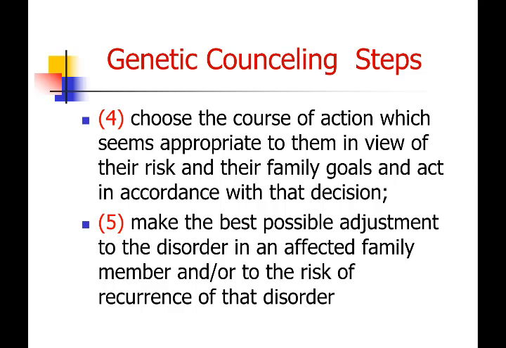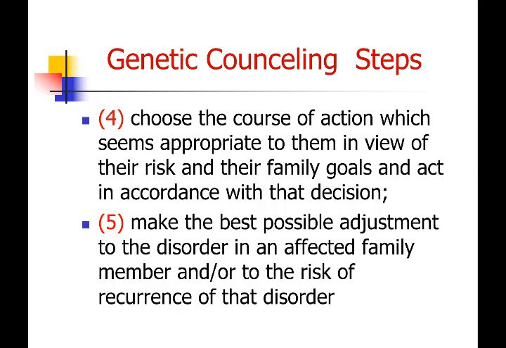The fourth step is to choose the course of action which seems appropriate to them in view of their risk and their family goals, and act in accordance with that decision. Here also I give you an example.